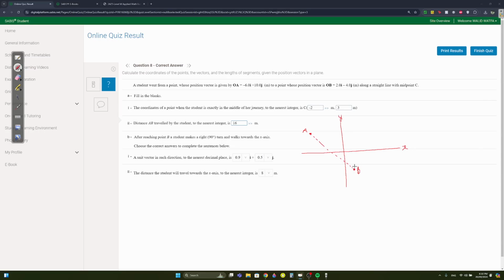So she starts going up. But this turn was 90 degrees, so it's something like this, okay? A unit vector in such direction to the nearest decimal place is what?